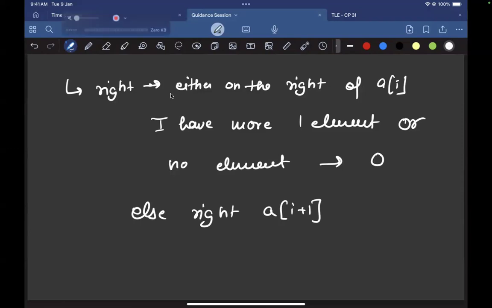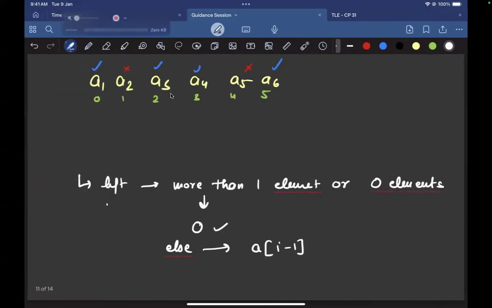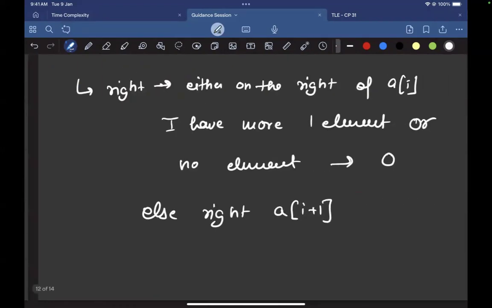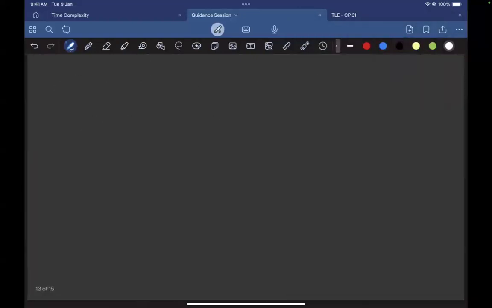Now, by this whole idea, I can run a for loop and I can make sure that I create a left half and a right half for every AI, so that for every AI, I get a left half and I get a right half.